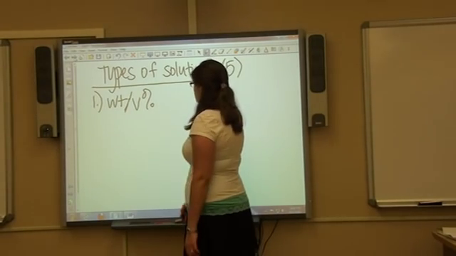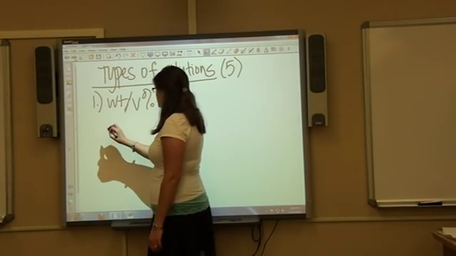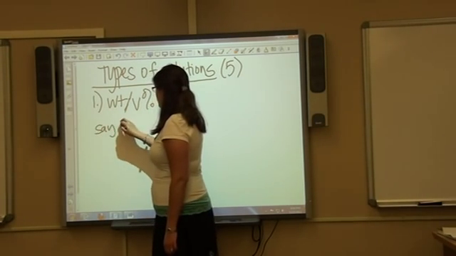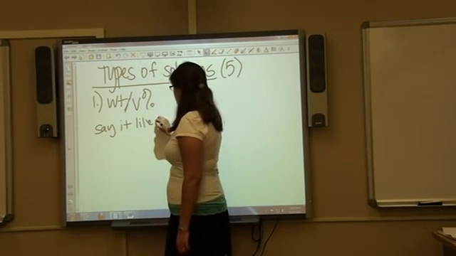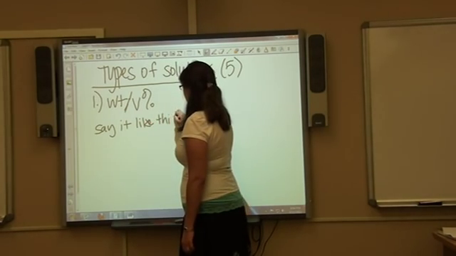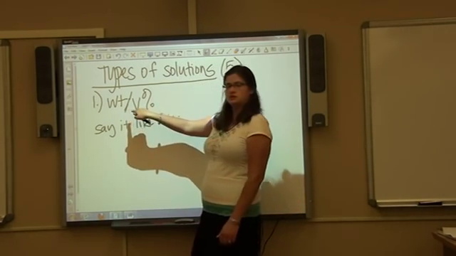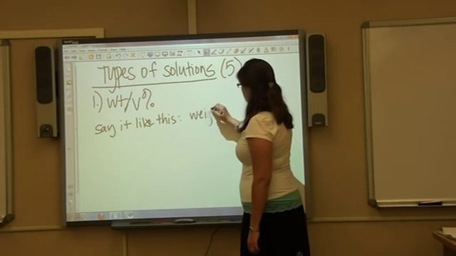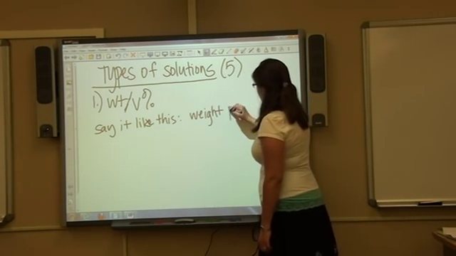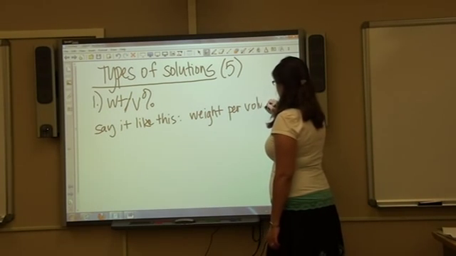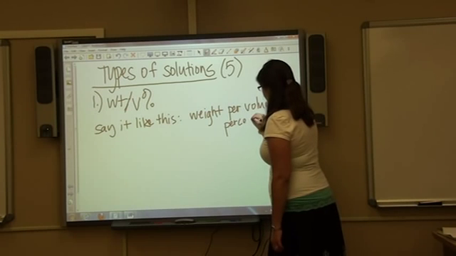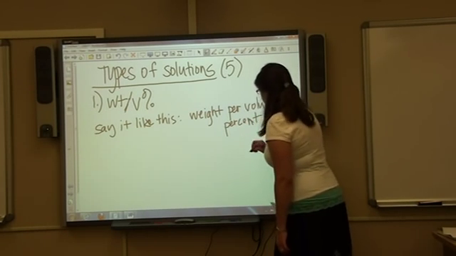The first type of solution that I want to talk about today is what's called the weight per volume percent. So we're going to say it like this. So these little letters in English mean weight per volume percent. That's really obnoxious.